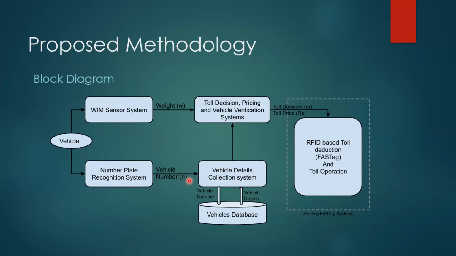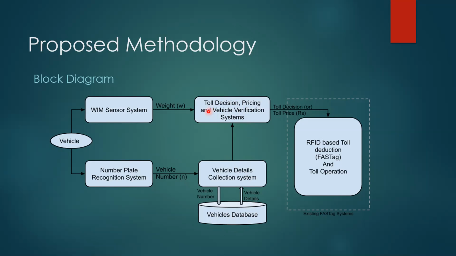This registration number is used to query the vehicle's database, which contains the registration details, insurance details, RC status, gross vehicle weight ratings, the model, and the owner details. Those details are obtained and also passed to the toll decision, pricing and verification systems.